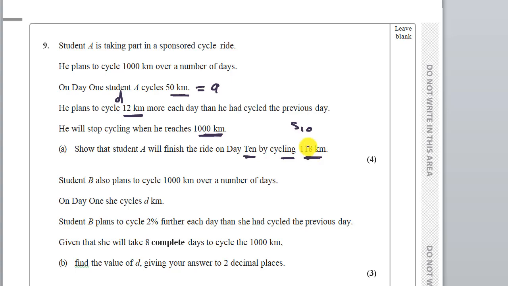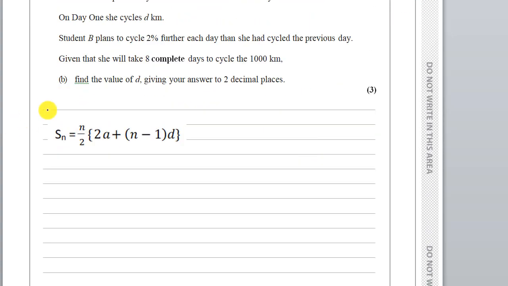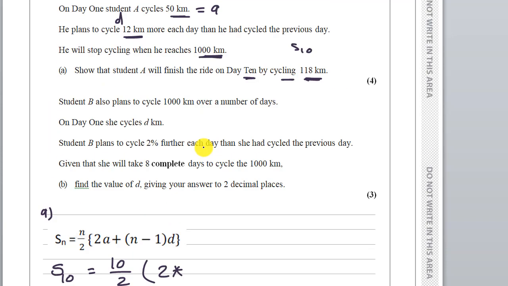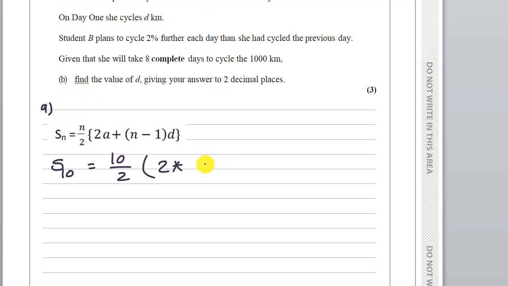So let us start. We know that this is the equation. So this is part A. Now Sn is n over 2 multiplied by 2a plus n minus 1 multiplied by d. So S10 equals 10 divided by 2 multiplied by 2 multiplied by A, which is equal to 50 kilometers, plus 10 minus 1 multiplied by D equal to 12.